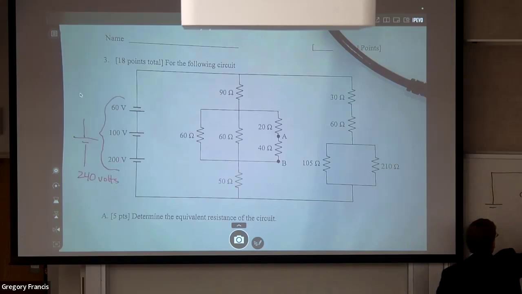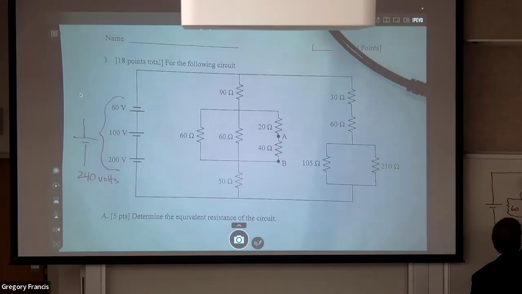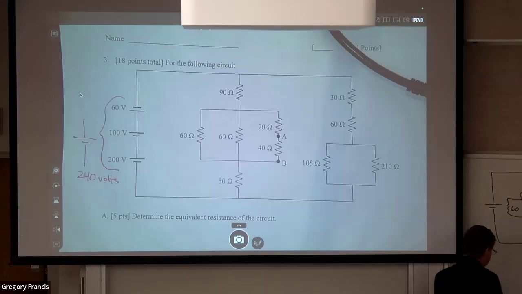I'm going to leave off the ohms, just to save some time.